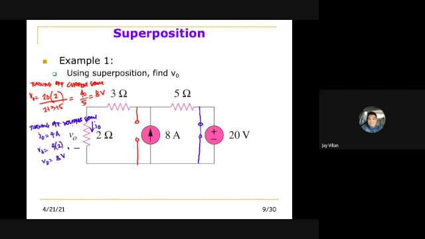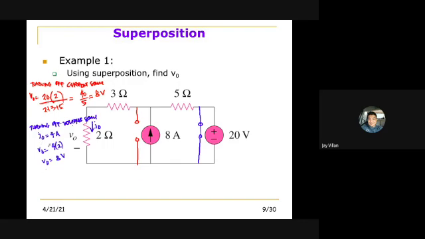Right. The catch, from earlier, is that all you have to do is sum up all of the voltages resulting from each of the independent sources acting alone.